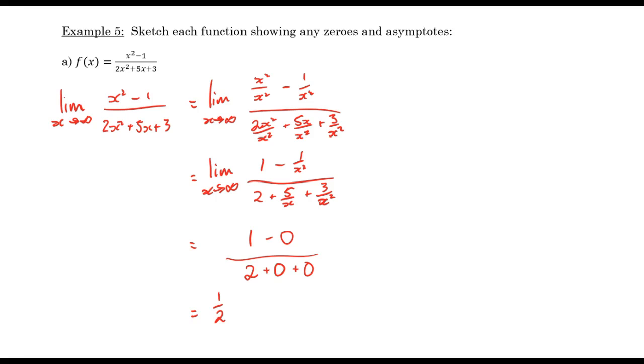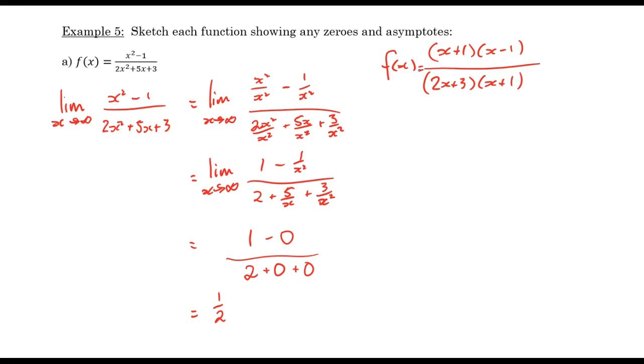Now, my function here, x squared minus 1 is x plus 1, x minus 1. And my denominator must be 2x plus 3, x plus 1. So, some interesting things going on here. I shouldn't cancel the x plus 1s.